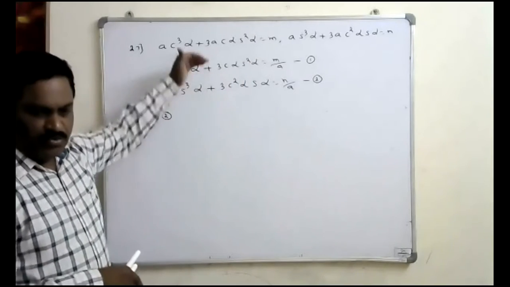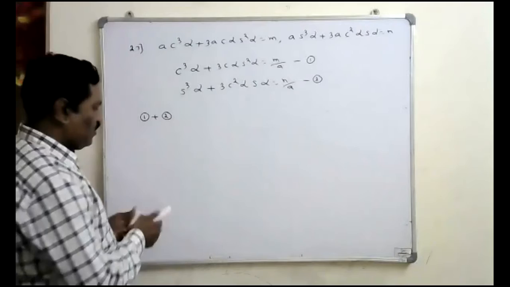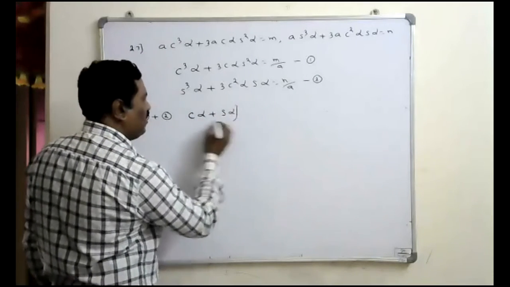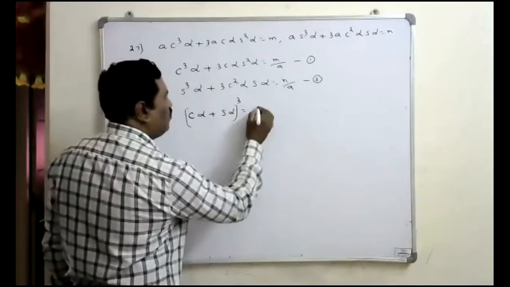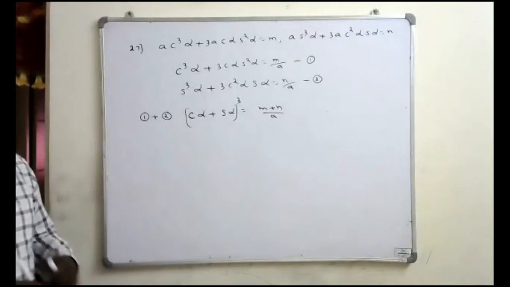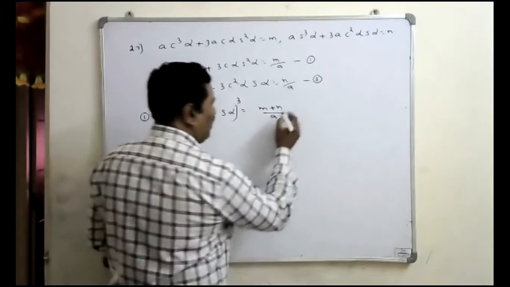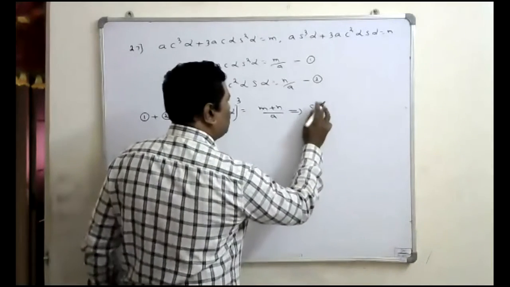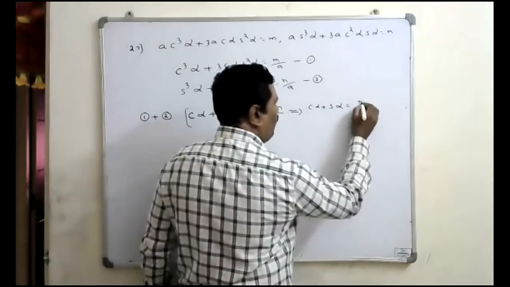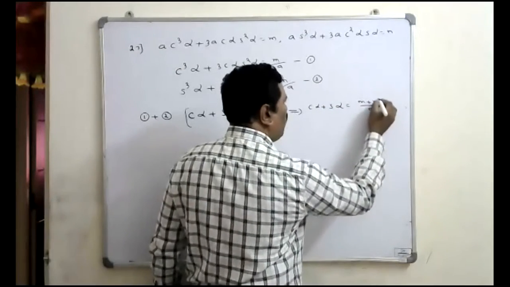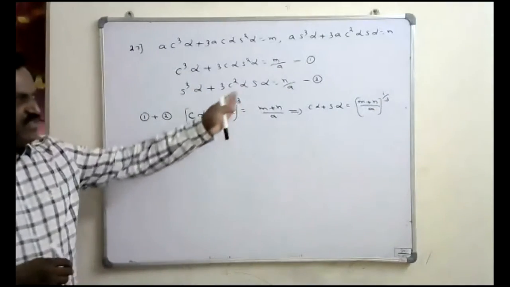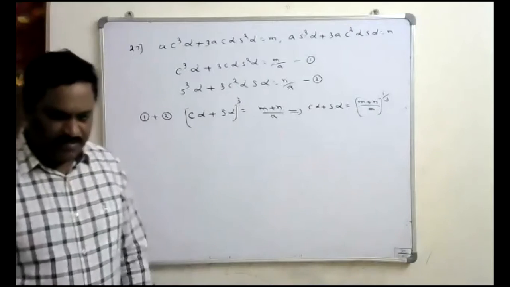So this summation is in the form of a plus b whole cube, that is cos alpha plus sin alpha whole cube is equal to m plus n by a. Now apply the cube root on both sides, then cos alpha plus sin alpha is equal to m plus n by a whole power 1 by 3. This power is 3, so sending that power to the other side, the power becomes 1 by 3.